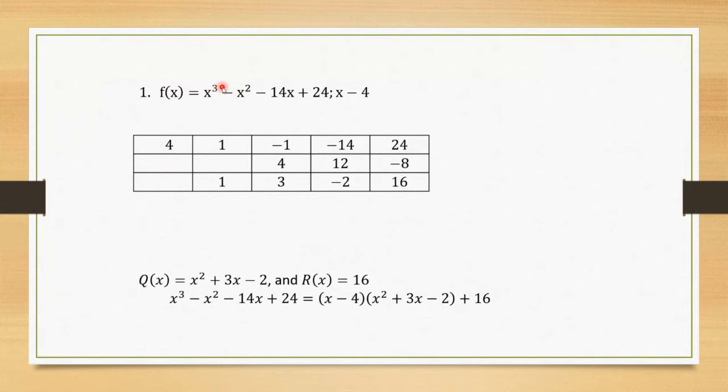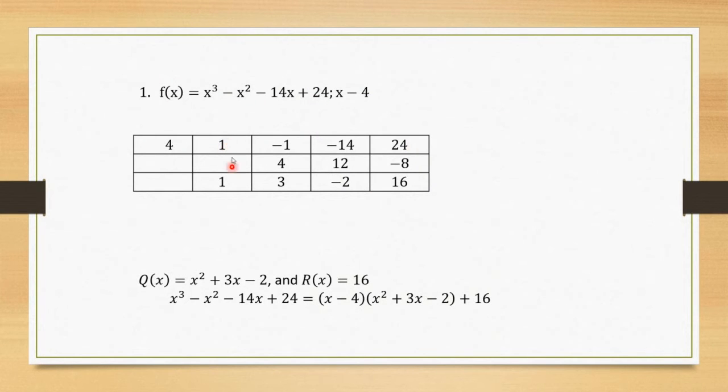From here we have x cubed minus x squared minus 14x plus 24. We have x minus 4, as you can see. So from here, the 4 we bring over here. The coefficients we list like so.